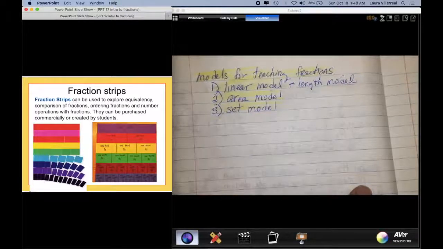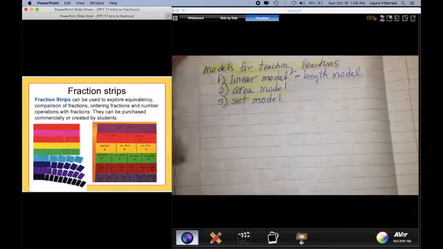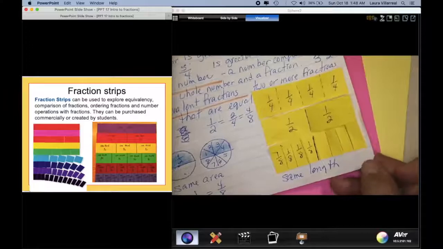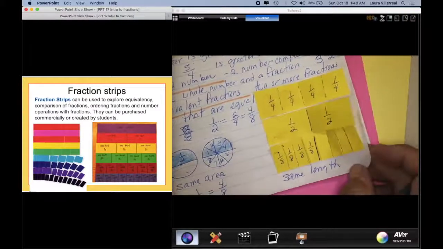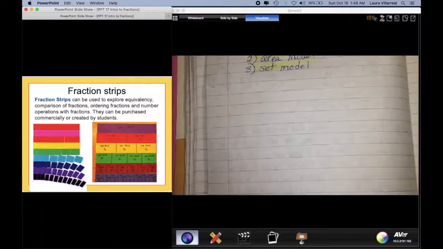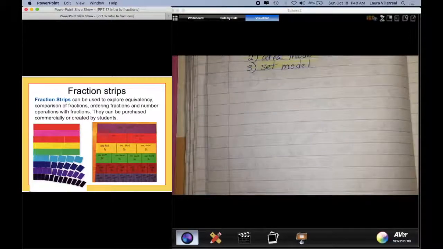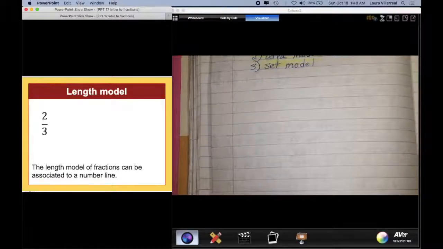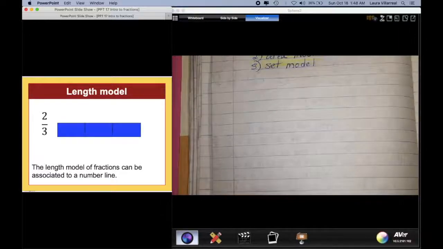Okay, so let's look at fraction strips. Now, fraction strips could be something as simple as we did here, in which we cut out literally strips of paper, all the same length, but they do sell a set of fraction strips, plastic fraction strips, that are available for your students. Okay, so let's look at the length model. The length model of fractions can be associated to a number line. So there's my fraction strip.